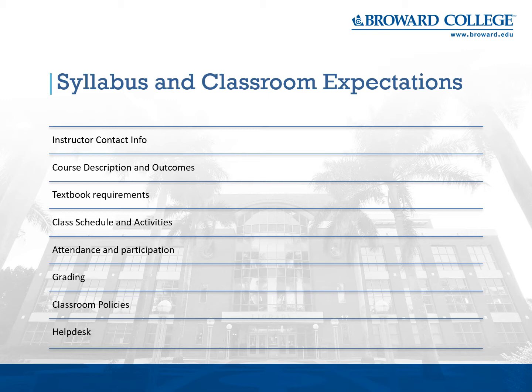It tells you about attendance and participation and how much they weigh in the course. It should break down your grades, specifically how you'd get an A, B, or C. It gives you classroom policies and it offers you an opportunity to find out how to get the help desk if you need it.